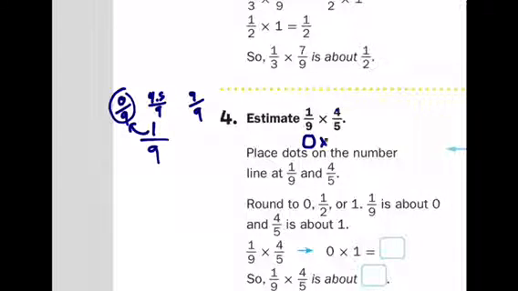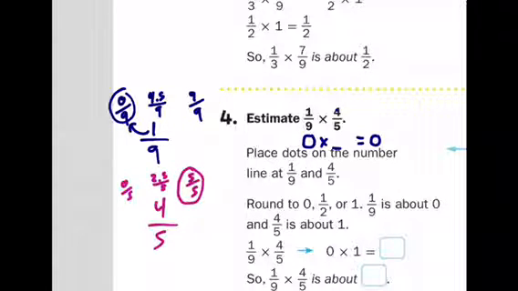So again, the good thing about this estimation is because 0 times any number is 0, you know it's going to be 0. But let's talk about 4/5. So let me switch to pink. We have 4/5. Is that closest to 0/5? 5/5 is a whole, or halfway would be 2.5 fifths. 4/5 is really close to 1 whole. So in this one, you would have 0 times 1 is 0 as well.